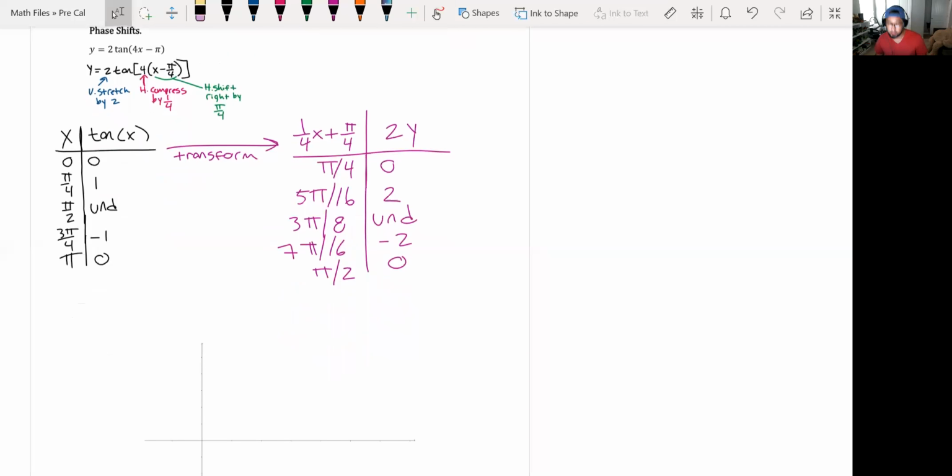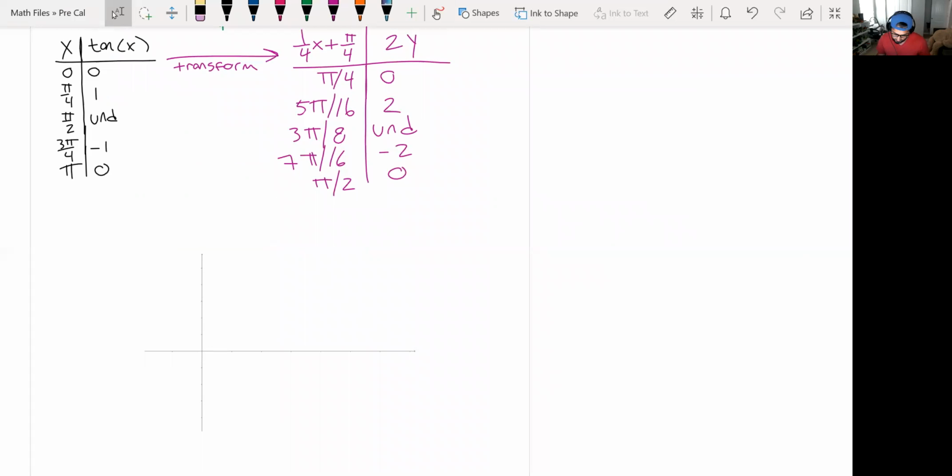Now all we have to do is plot. Okay, so when I write my numbers, I'll have pi over 4 here. I'll have 5 pi over 16 here. Three pi over 8. 7 pi over 16. And pi over 2.